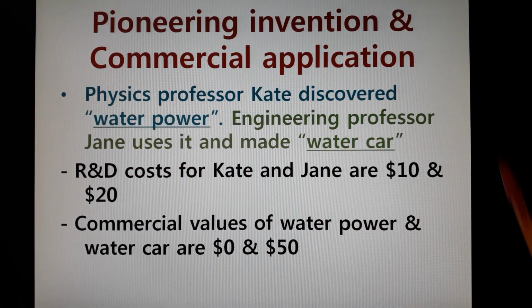Unless Jane offers Kate first, Kate will never voluntarily do that, because if Kate does that without discussing with Jane, Kate will just lose $10. But this is much more difficult. What this means is, for Jane to find Kate is much more difficult than for Kate to find Jane.